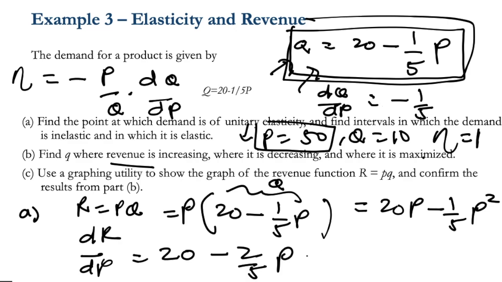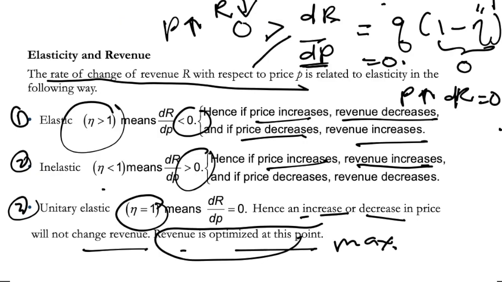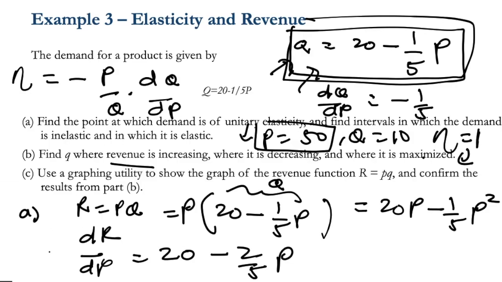From the theory formula, when eta is 1, dR over dP is 0. Now, let's check. Set dR over dP equal to 0, and then rearrange until you find P. What is P? You're going to get P equivalent to 50.